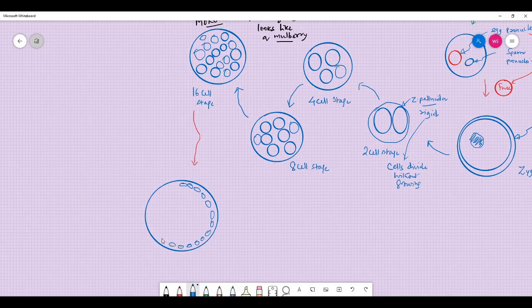Let's try to draw the cells in the periphery. So some cells migrate to the periphery. Okay. And some cells get compacted inside.